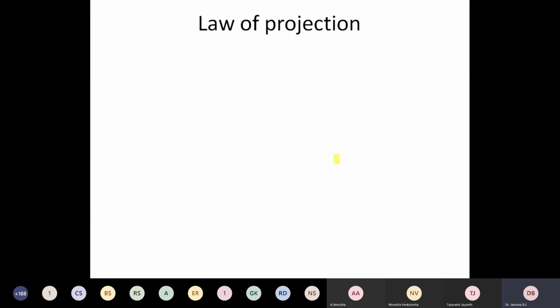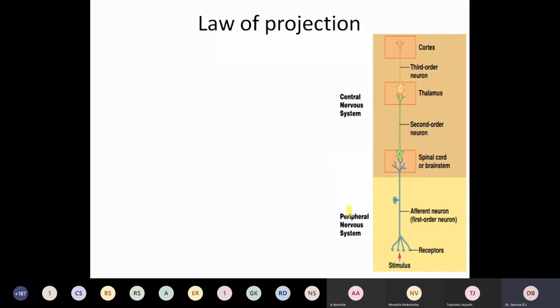The next important property is the law of projection. What do we mean by the law of projection? As I told you, from the receptor level till it reaches the cortex, there is a specific nerve pathway.